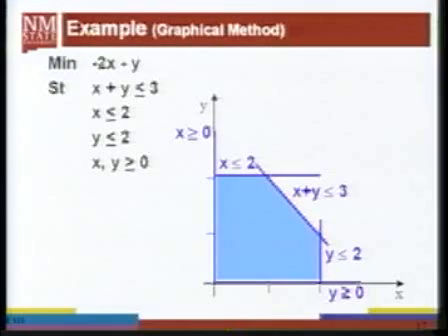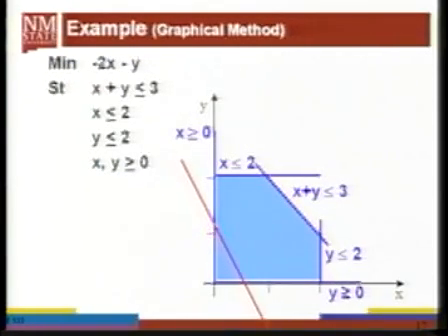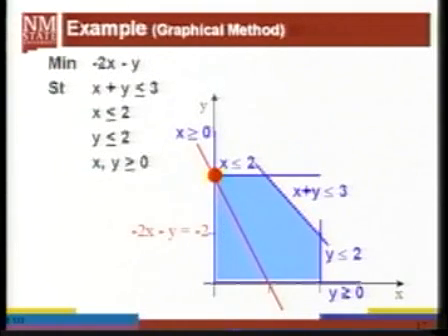So if you look at this screen, like I said, the point (0, 1) lies on the iso value line, negative 2x minus y equals negative 1. And by moving parallel to the iso value line we have drawn in the northeast direction, we could improve the value of g, which is negative 2 in this case. Okay?